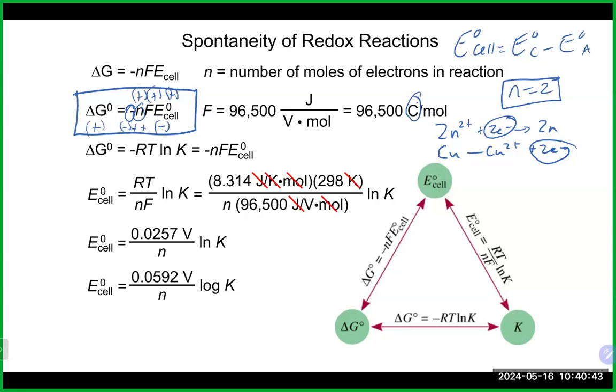Now, we could also relate our E of the cell to our equilibrium constant, because we can't go too far without it. And this equation right here is pretty much the equation that you would use if you have anything involving the equilibrium constant. E of the cell is equal to RT over NF times the natural log of K. The R here is the gas constant with energy, so the 8.314 version of it.